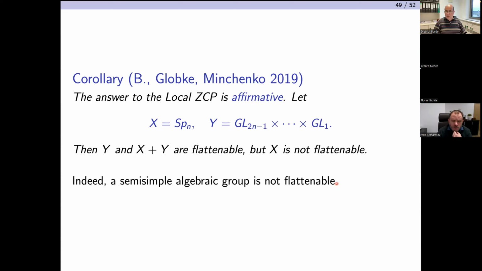That's the same as the Whitehead proof you saw, right? Because the Lie algebra, because of Whitehead, has no pre-Lie algebra structure. So semi-simple cannot happen. That's exactly our proof from the beginning, which is very elementary, but it gives you that for the local Zariski cancellation problem, the answer is affirmative, that can happen.